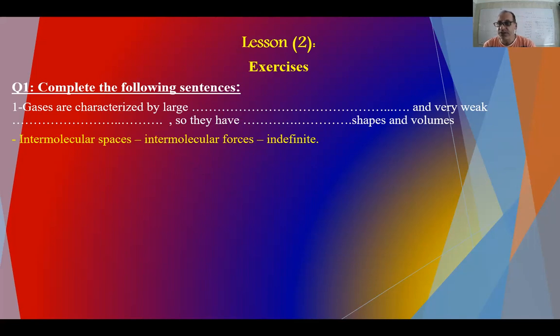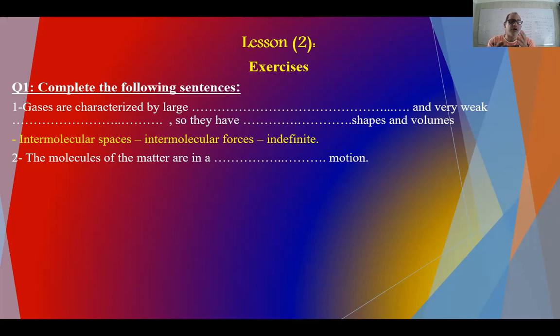Okay, number 2. The molecules of matter are in a dot motion. This is the first character of molecules. All of the molecules, even the solid molecules, which we didn't notice, are in continuous motion.